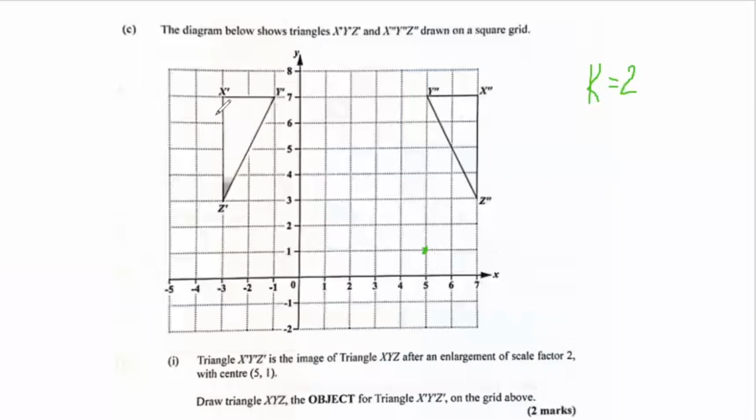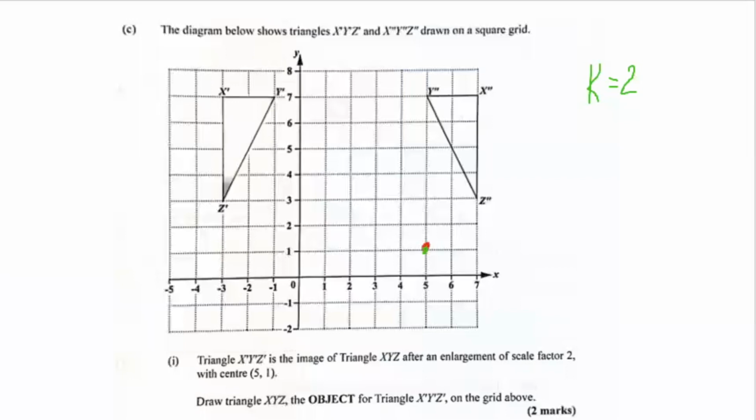This means the image is twice the size of the object, x, y, z, which they asked us to find. These two pieces of information will help us decide where on this graph our object x, y, z is.